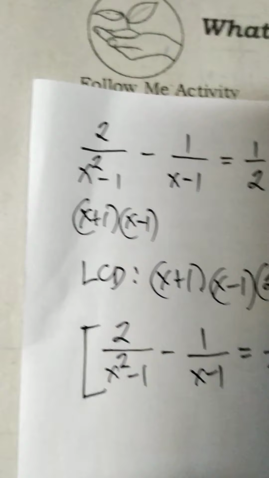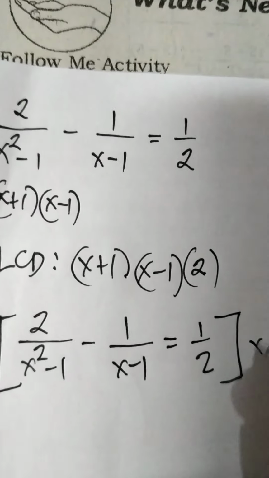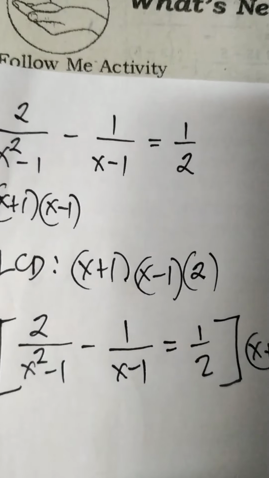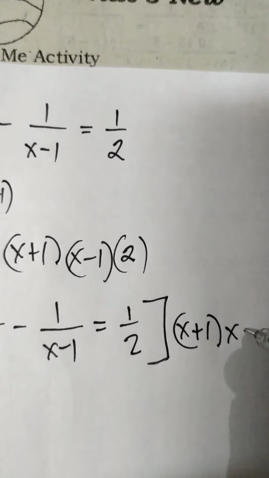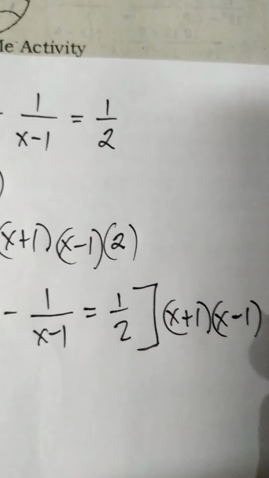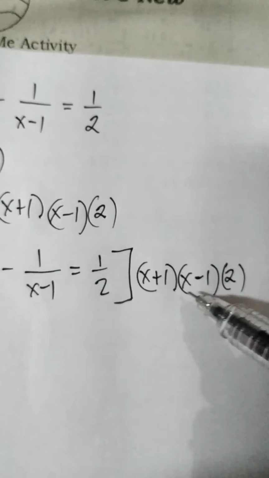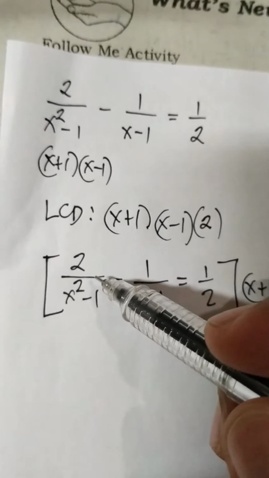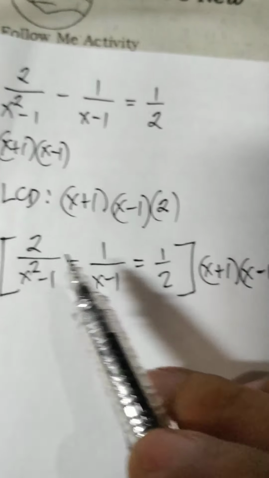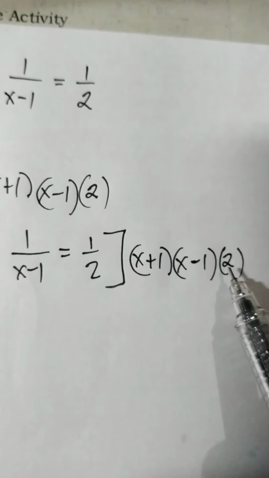Multiply nato ni siya to x plus 1 times x minus 1 times 2. So first, kaning LCD ato i-multiply dito sa primerong expression. So 2 times x plus 1, x minus 1 times 2.